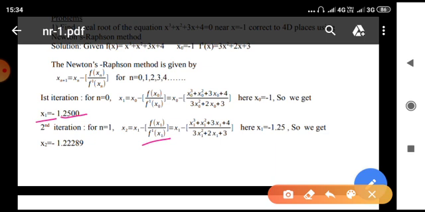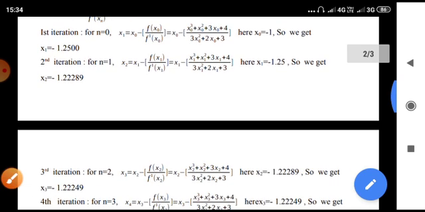So when you substitute these values here in this equation, we get x2 as -1.22289.